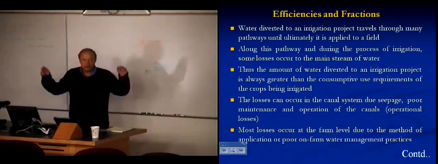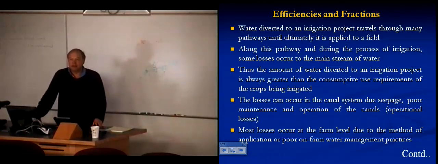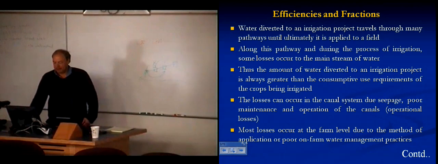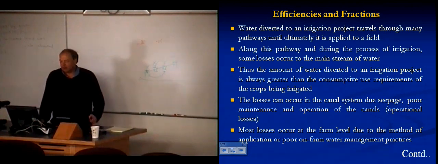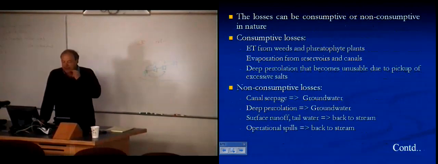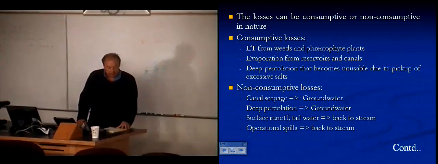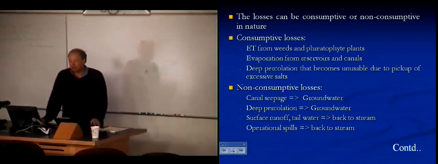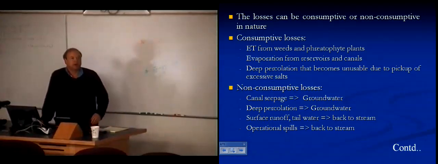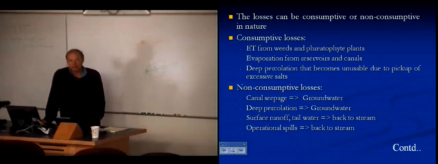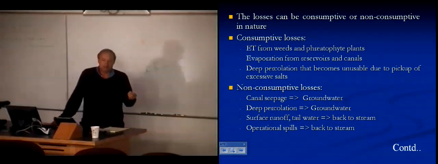In a typical canal system, you would have the inflow or headworks, which are diverting water maybe directly from the reservoir or from a river just downstream from a reservoir, and the water then travels through many pathways, and there will be inputs and outputs to that canal system. You can have seepage moving into the canal.